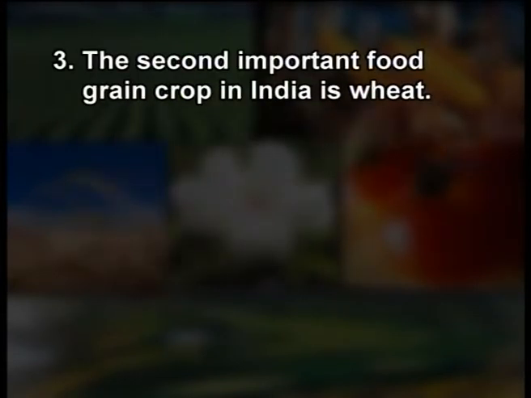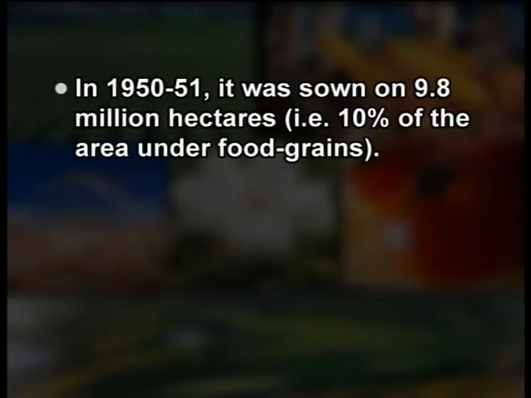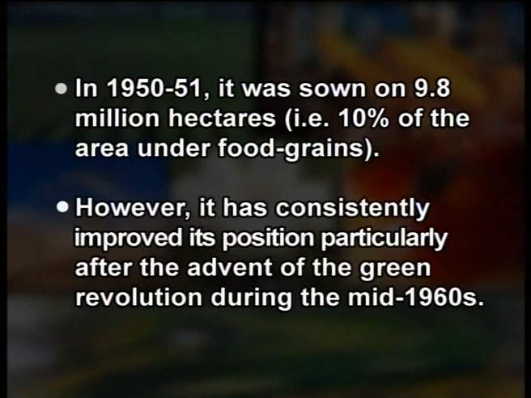Thirdly, the second important food grain crop in India is wheat. In 1950-51, it was sown on 9.8 million hectares, that is about 10% of the area under food grains. However, it has consistently improved in position, particularly after the advent of the green revolution during the mid-60s.